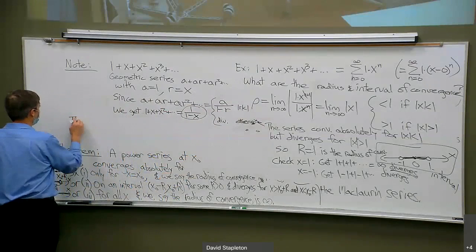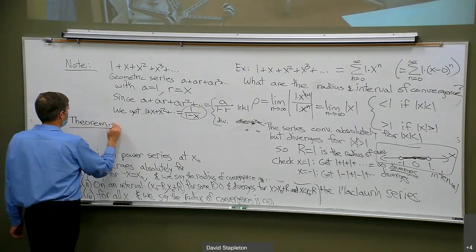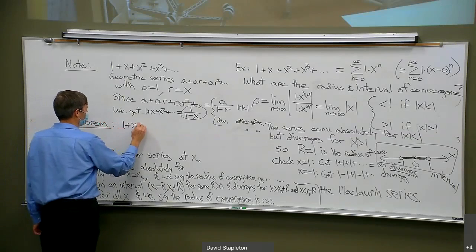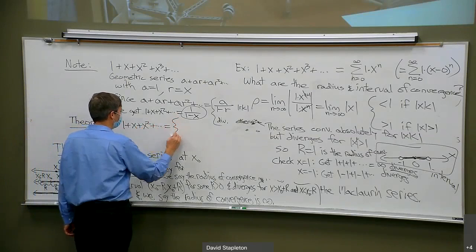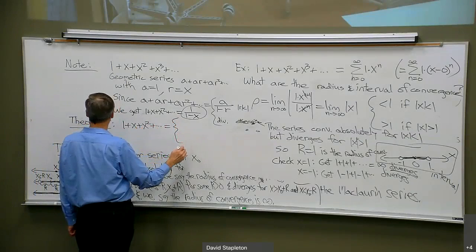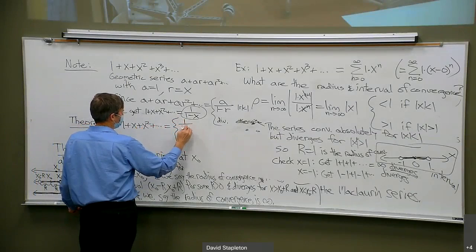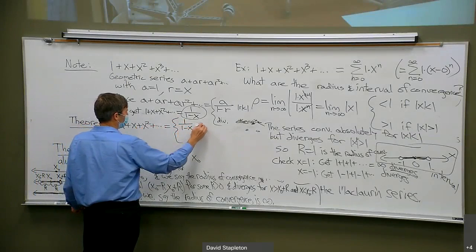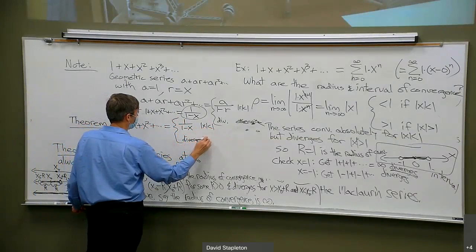We can call this a theorem. This infinite series, 1 plus x plus x squared plus x cubed on forever, adds up to 1 over 1 minus x if absolute value of x is less than 1, and it diverges otherwise.